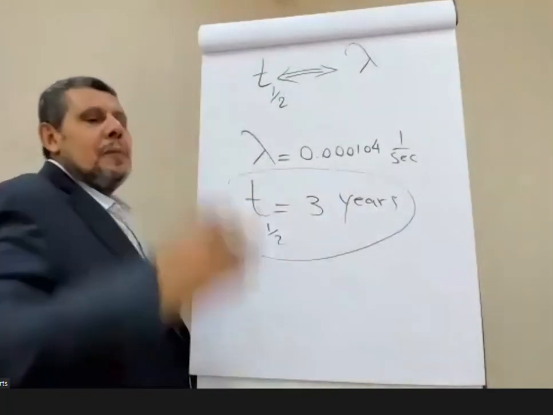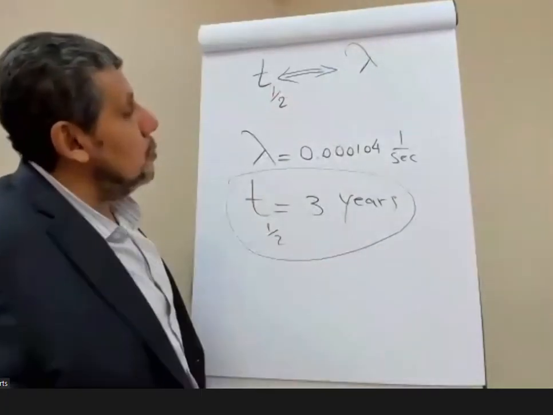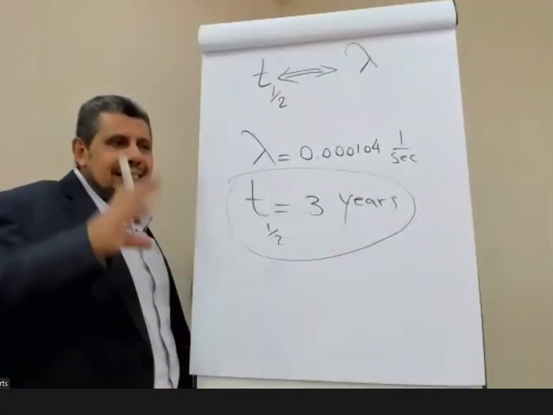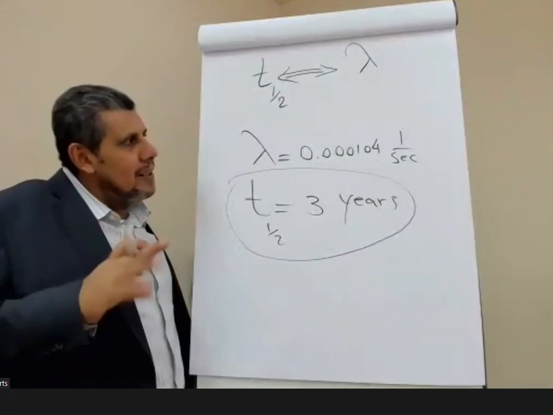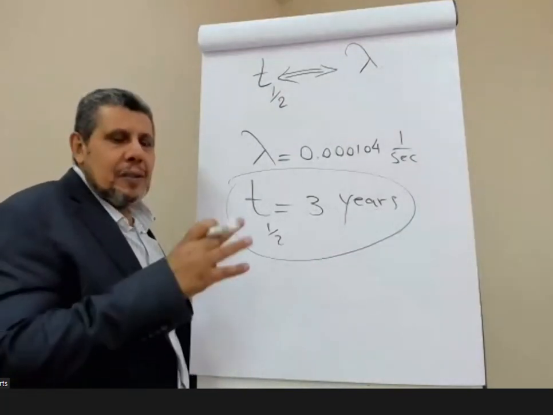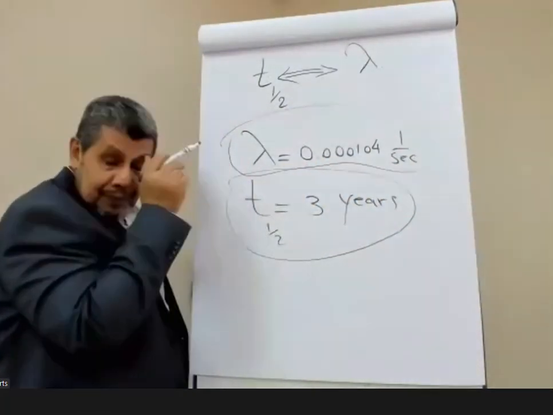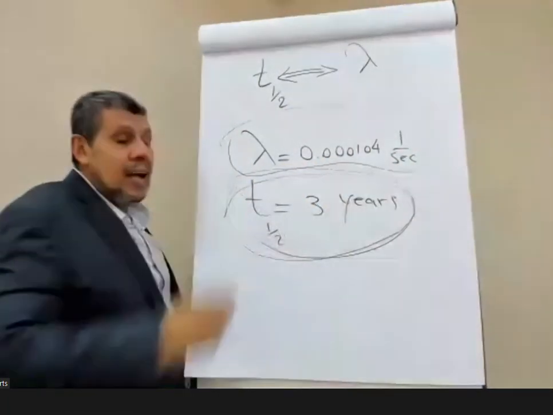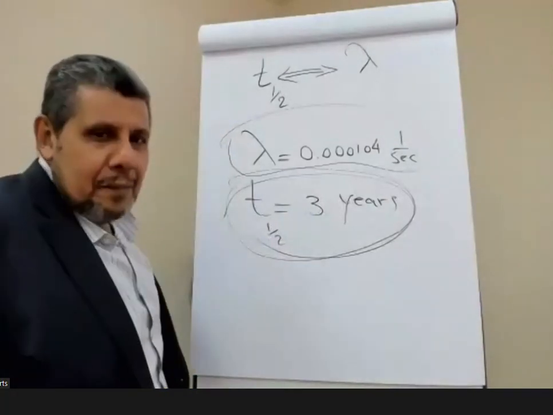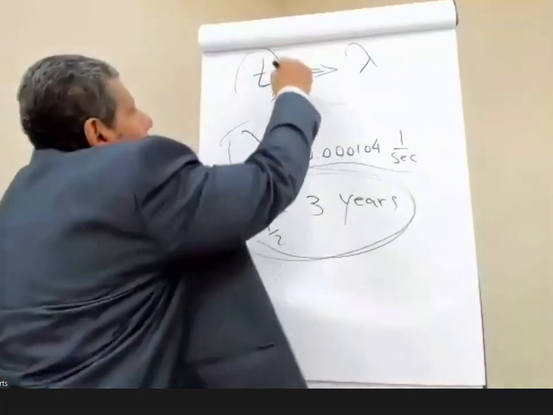But here, if I told you the decay constant is 0.00104, what is this? It's a probability, but fast or slow? You don't get meaning directly from this number. But if I told you half-life 3 years, you get meaning. Easy to deal with. So in an exam, they always give you T half.